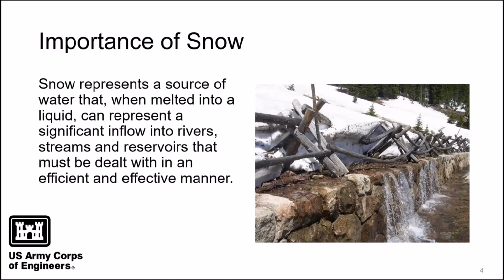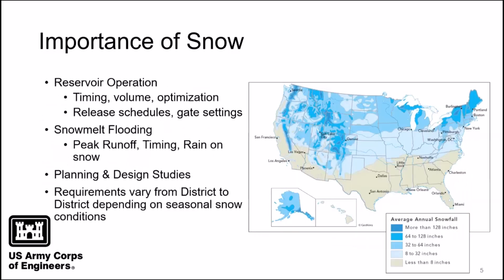Next one, please. As you can see, a substantial portion of the United States experiences significant snowfall. And we have built our infrastructure to take care of the water, both in good ways and bad ways, and we continue to manage it with snowmelt taking that into account. So it's very important to be able to model it properly.